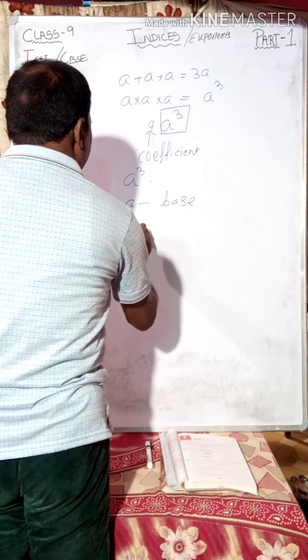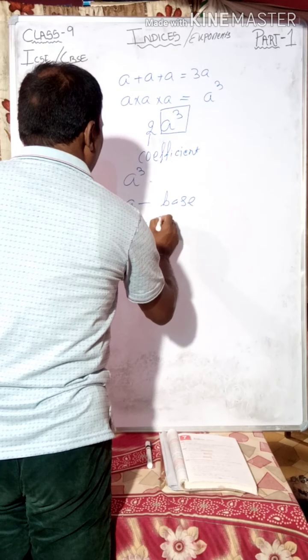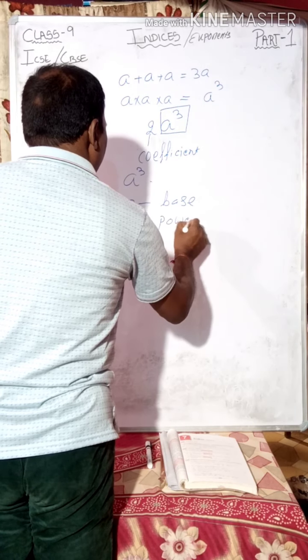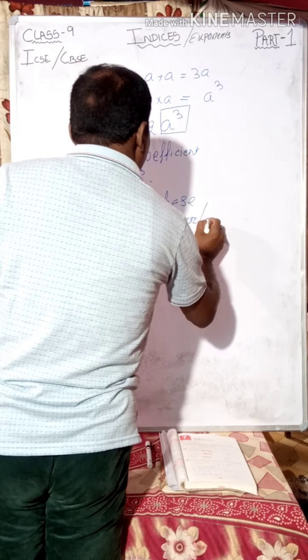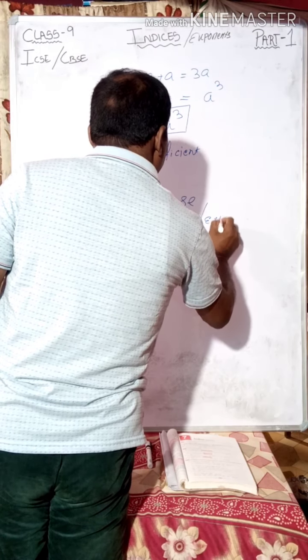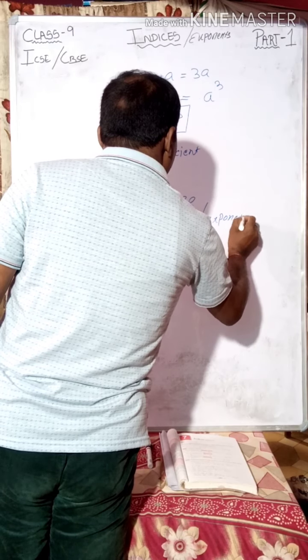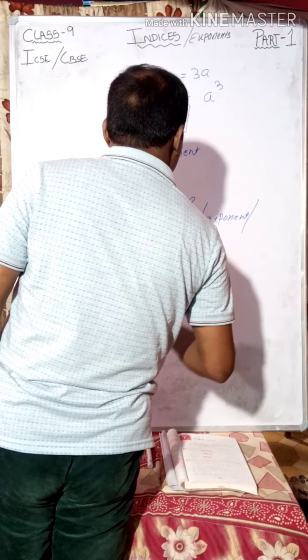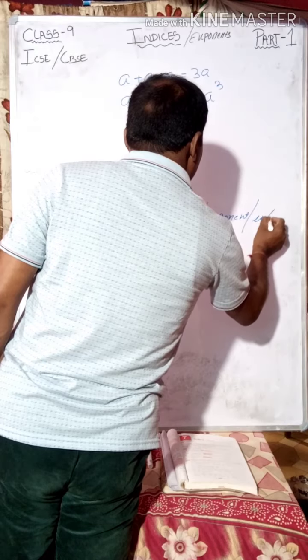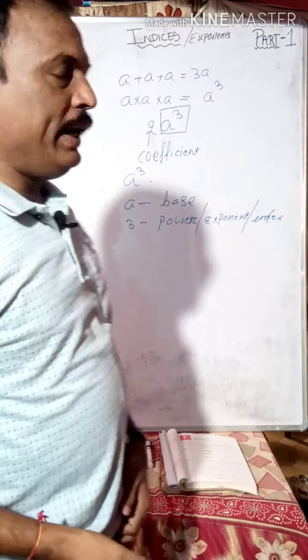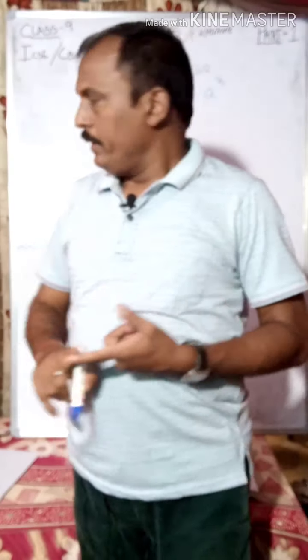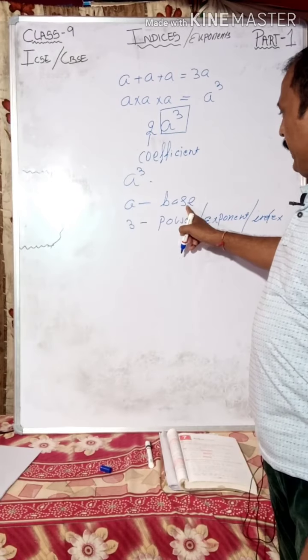And what is 3? 3 is the power, or exponent, or index. 3 is the power, exponent, index, and a is the base.